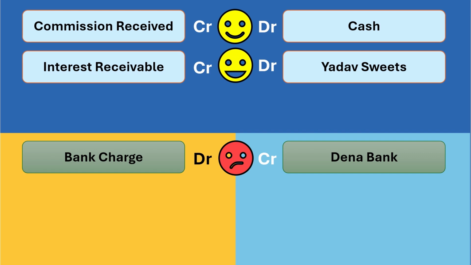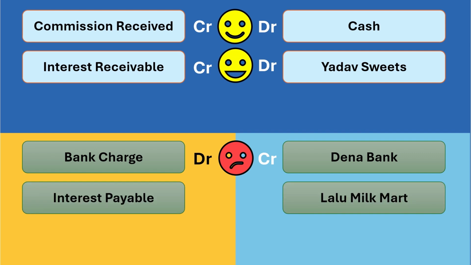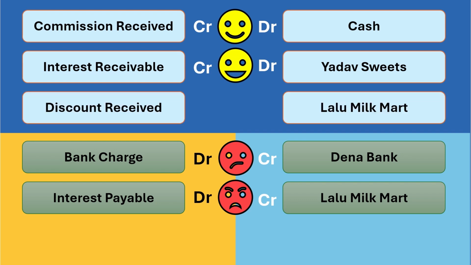In this case, the interest receivable ledger will be credited and the ledger of Yadav Sweets will be debited. Similarly, when we do not pay our supplier Lalu Milk Mart on time, he will post interest on us and we will feel bad. In this case, we will debit the interest payable ledger and credit the ledger of Lalu Milk Mart.